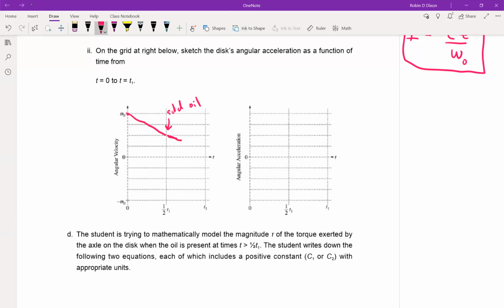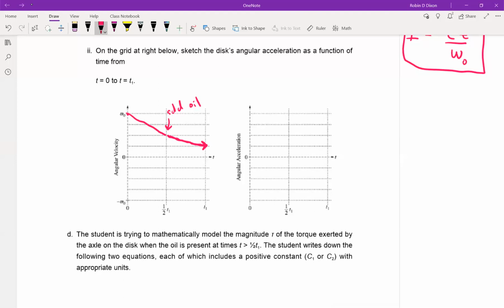But just as important, we know that we're increasing the amount of oil. So the friction should reach about 0. And let's look at what's happening. We said that the slope of this graph will be the angular acceleration.